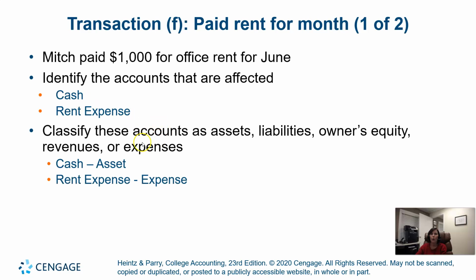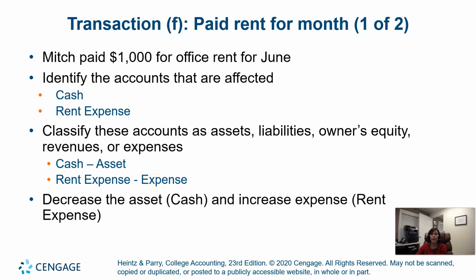So where do these live in the balance sheet equation? Again, cash is an asset. Rent expense is an expense. And what happened? So the cash went down because we paid out our rent. And what we've recorded in expenses for rent went up, our rent expense.